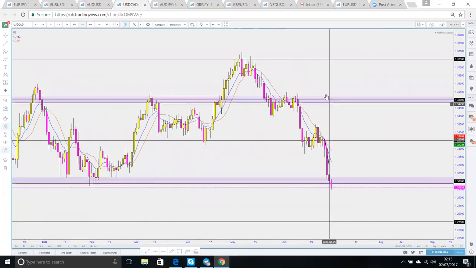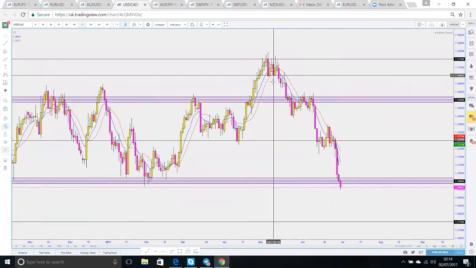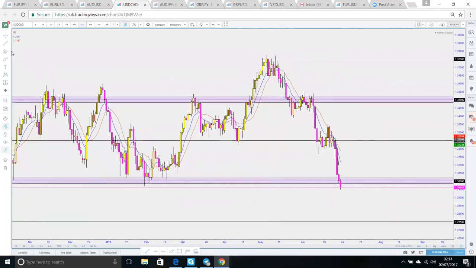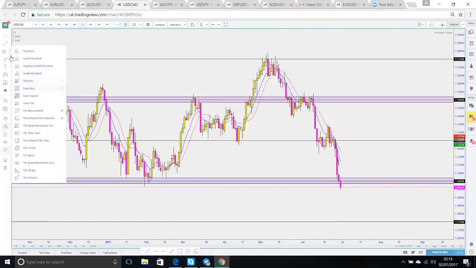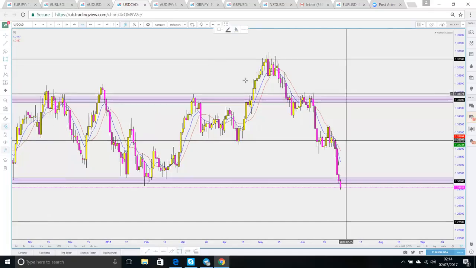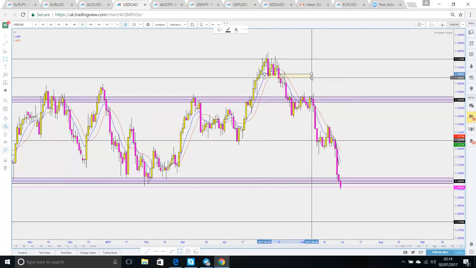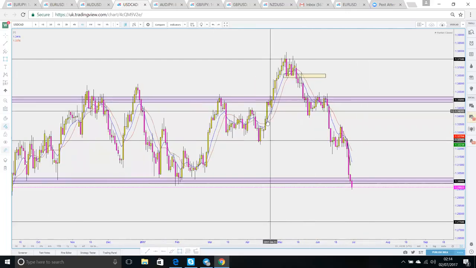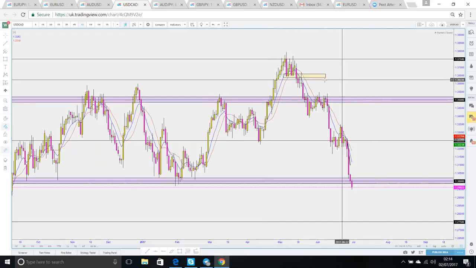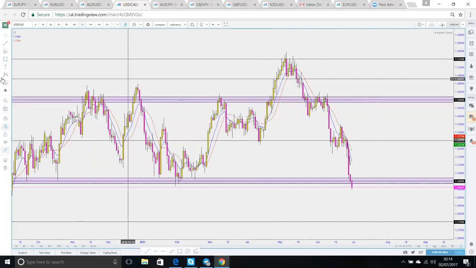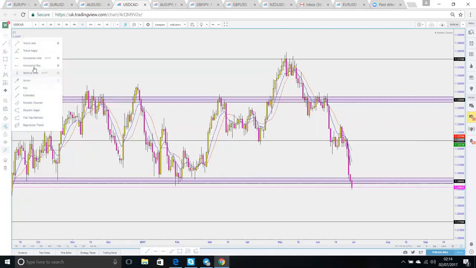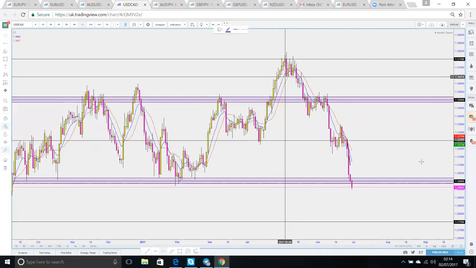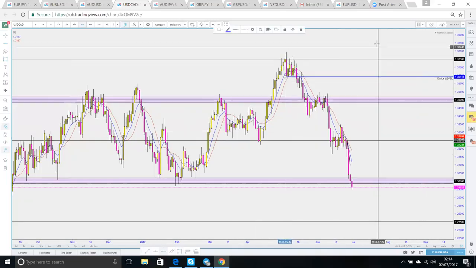Bearish structure, guys, since the daily time frame, right? This is where the structure begins. This is the day you should have started selling it. Everybody understand this, right?